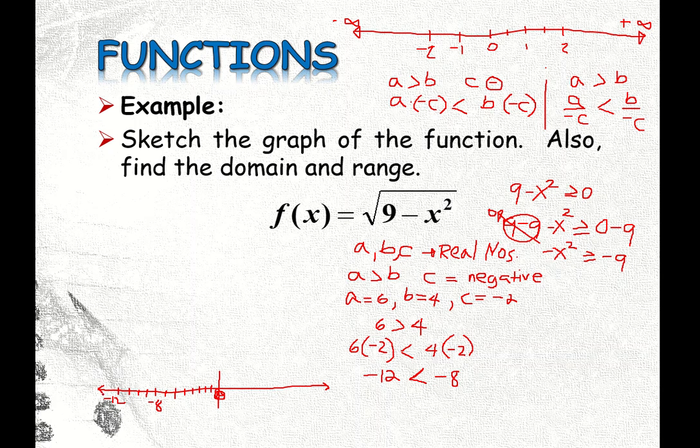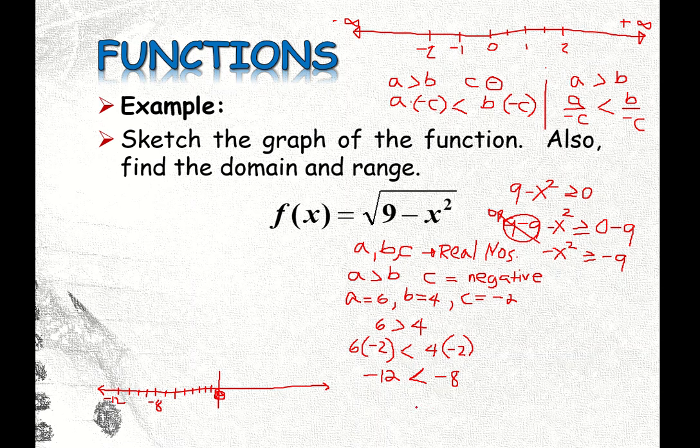That's why, when you have this inequality, 6 greater than 4, when you divide it or when you multiply it by a negative number, it will change the direction. Right? So we have negative 12 less than negative 8.